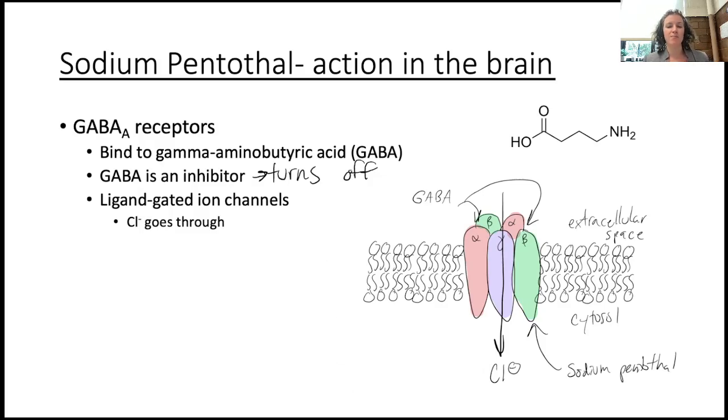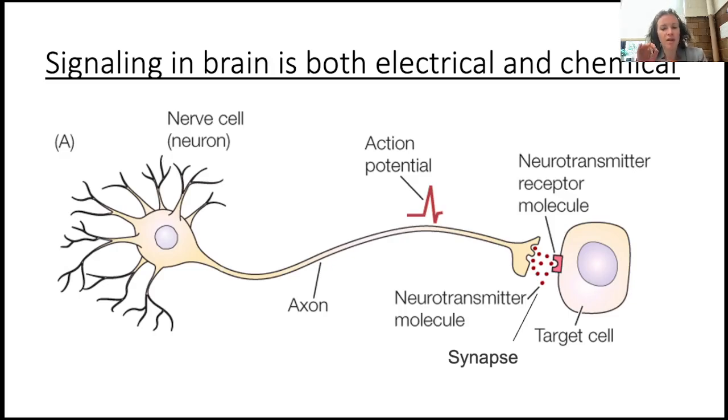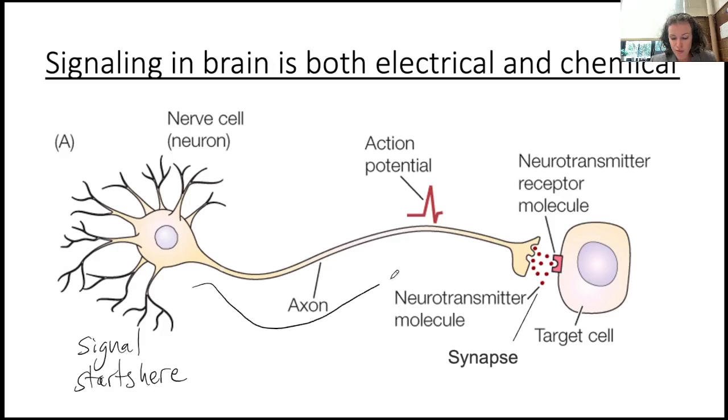To understand that, let's remind ourselves a little bit of what we learned about how the brain works. So last time we were together, I talked us through this picture of a nerve cell when we were learning about how Adderall works. So recall that here is where the neuron starts. So a signal starts here, and the signal is sent through the neuron or the nerve cell, and we call that the action potential.